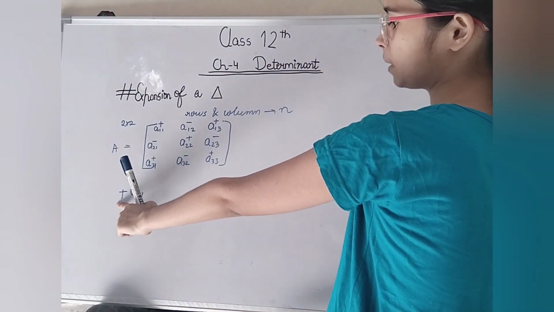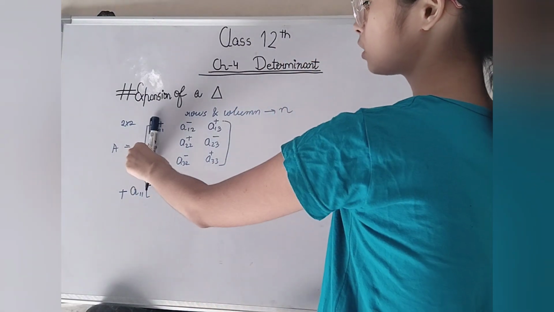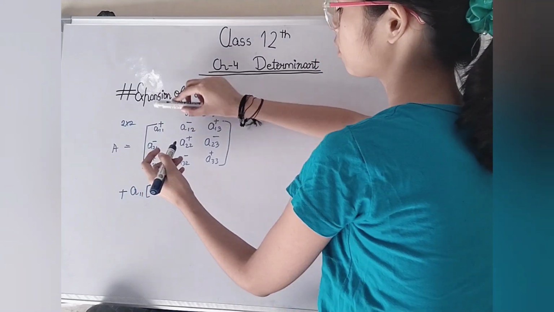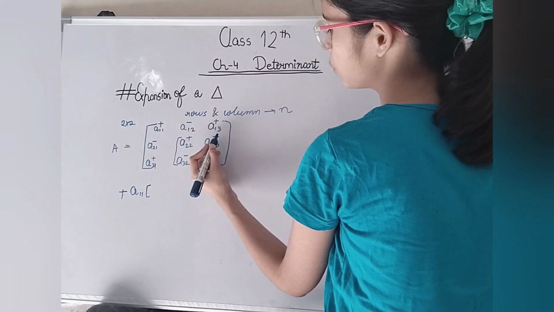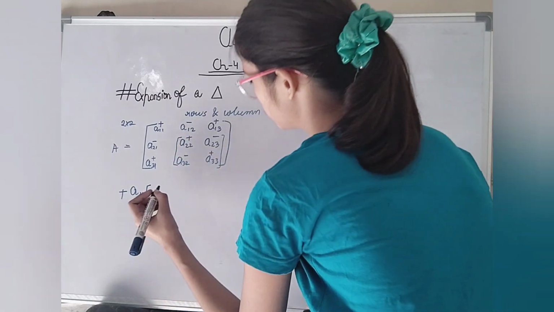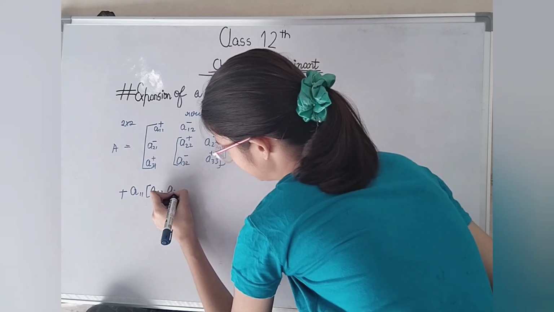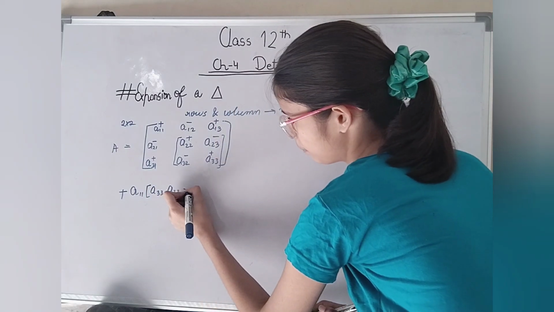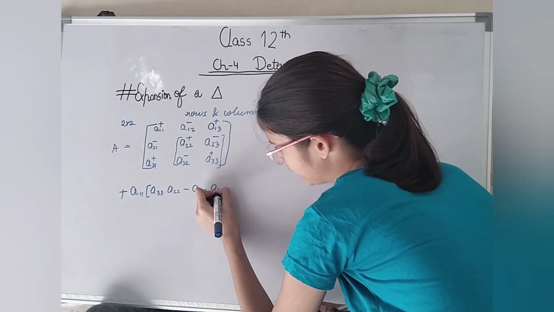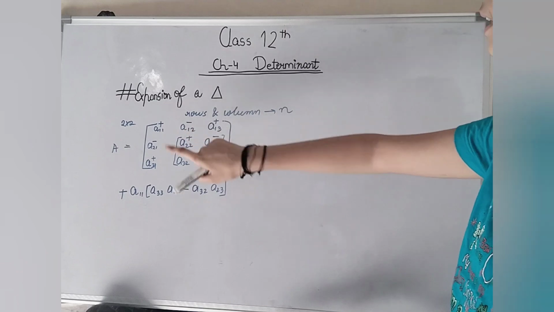So I am going to put the plus as it was, and now I am going to delete the row and column in which A11 exists, and the rest of the minor determinant I am going to cross multiply. So A22 into A33 minus A32 into A23.